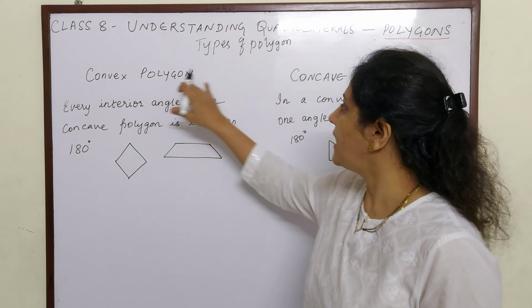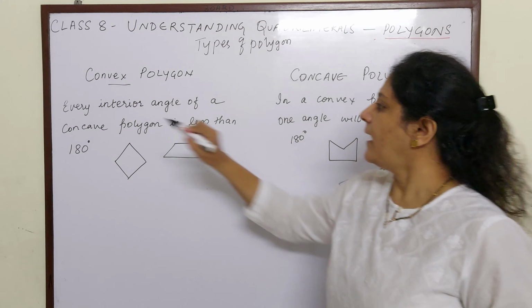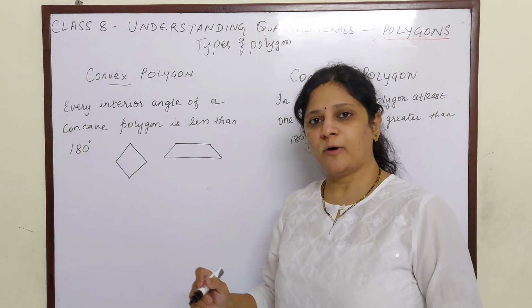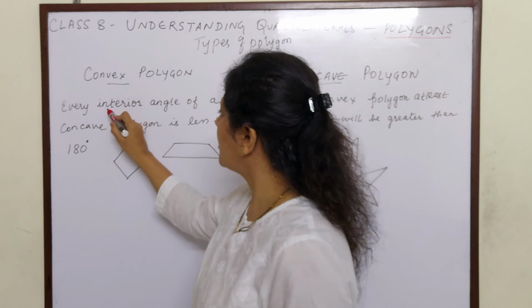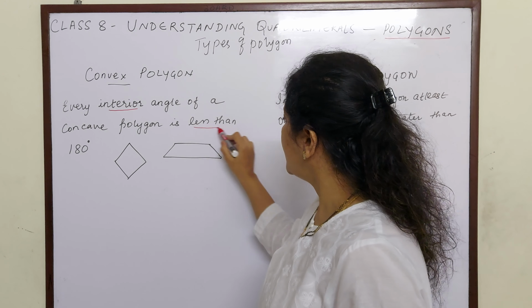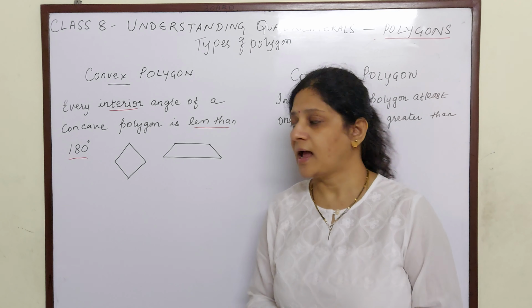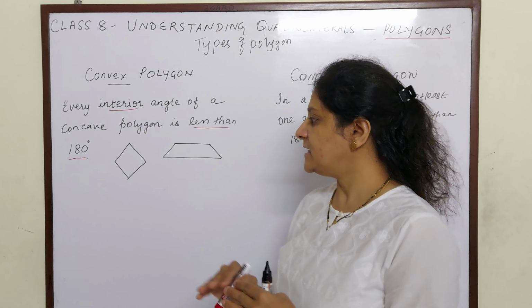So these are the last two types of polygon, that is convex polygon and concave polygon. In a convex polygon, children, every interior angle is less than 180. Now you should understand what interior angles are. Angles formed inside the figure are known as interior angles.